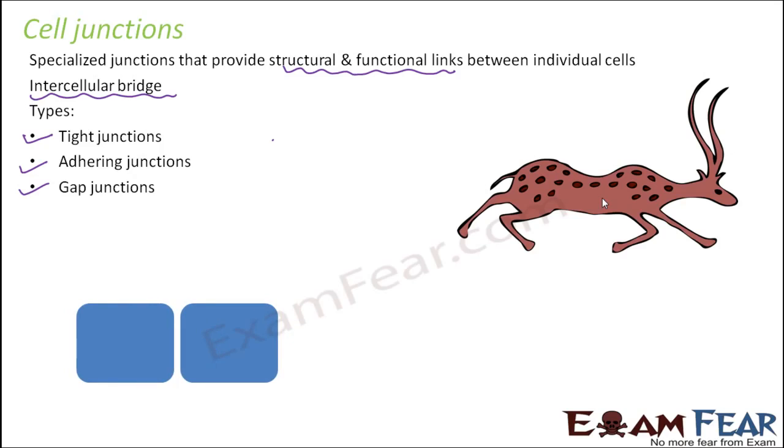Suppose they are connected like this, what happens? There is a leakage between the two, right? So substances or foreign particles can enter through these. So that is why we have cell junctions. Here they will be tightly sealed at the junction, so that the junction is tightly fit and no foreign particle can pass through the junction. That is basically the concept of a cell junction.